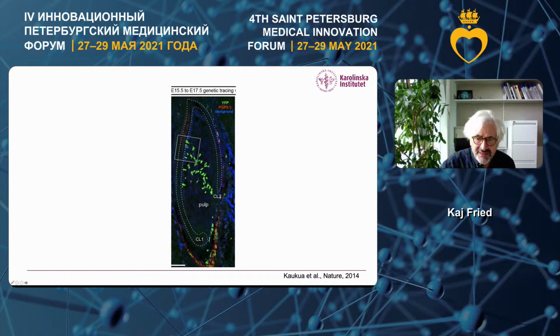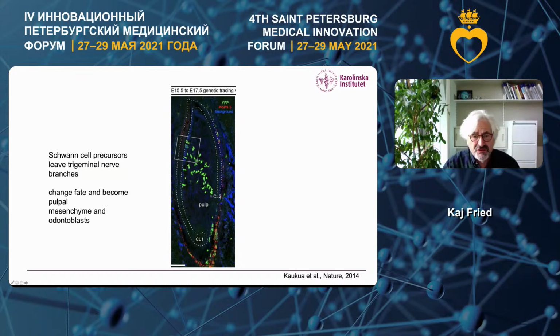And these cells actually leave the nerve here, and in green you can see that they inhabit the inside of the tooth, and they also form the cells that eventually will start to produce the other hard tissue, dentine. And this image is specific because it shows us how the nerve will actually contribute to the formation of the tooth together with neural crest cells that have migrated here.